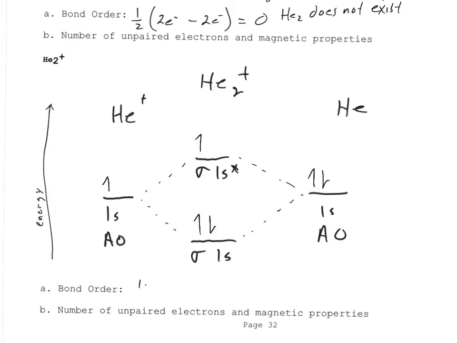The bond order is going to be 1/2 the bonding electrons, which is 2, minus the 1 electron we have up here that is antibonding. So we end up with a bond order of 1/2. That's 1/2 of a bond.